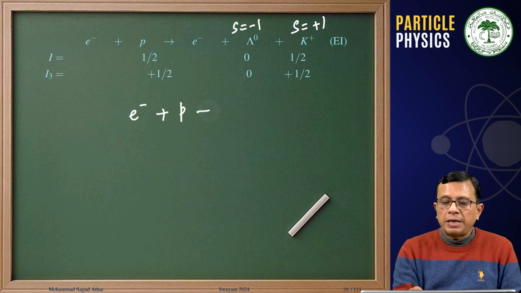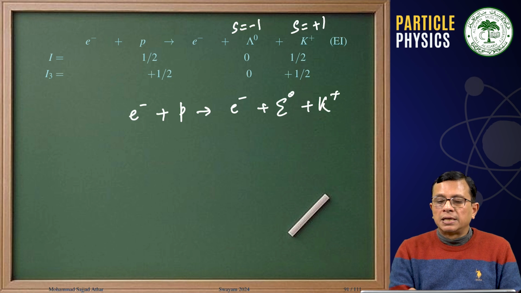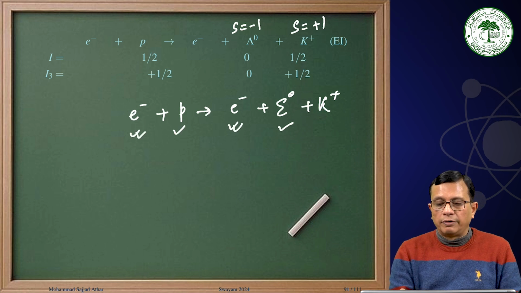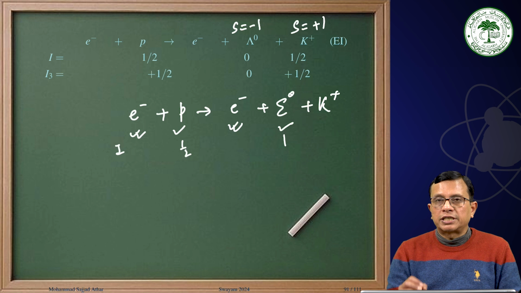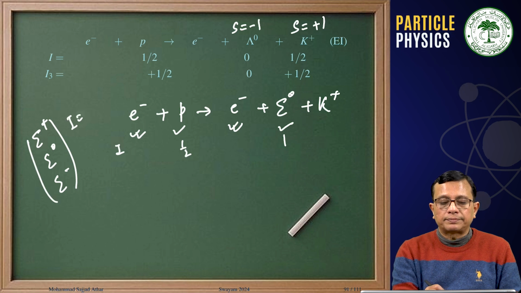e minus plus p going to e minus plus sigma 0 plus K plus. You notice that baryon number is conserved, lepton number is conserved, charge is getting conserved. Then you are conserving all the exact conservation laws. Now let us come to the isotopic spin. I is half for the proton. Sigma comes in a triplet, therefore I will be 1 for them.